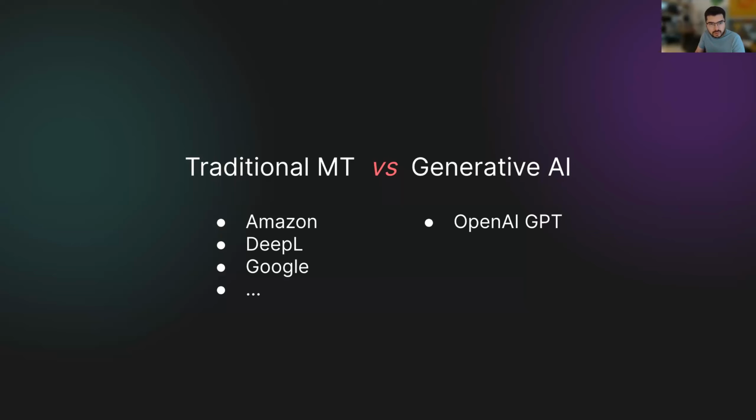But the problem with traditional MT is that it's kind of rigid. It's hard to change its behavior. If you want to do that extra step towards quality and change the output of those MT engines, you can hardly do that. Of course, you can provide your own glossaries. It comes with its own pros and cons.